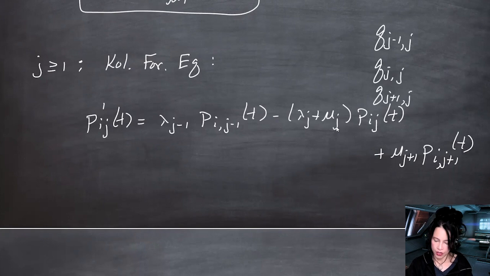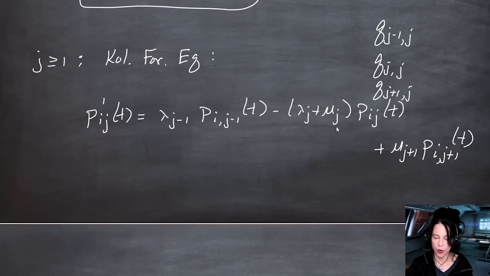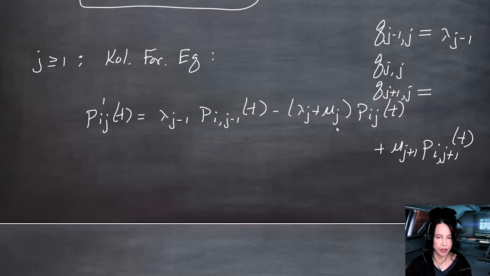The q_j minus 1,j is a birth when the population size is currently j minus 1. So that is lambda j minus 1. The q_j plus 1,j is a death when the population size is currently j plus 1. So this is mu j plus 1.